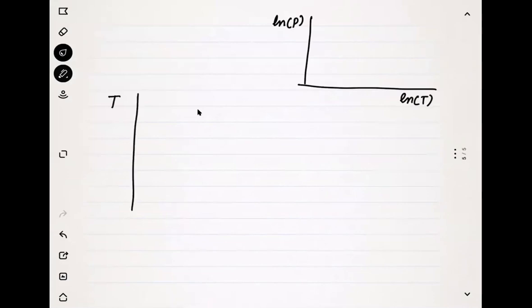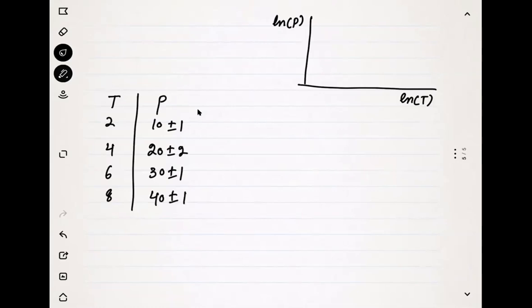Once you have filled the table, you will get values like this. For example, if you have to plot natural log of P against natural log of T, then your values would be, for example, T is 2, 4, 6, 8, 10, 12 and P is 10, 20, 30, 40, 50, 60, with plus minus 1 or 2.